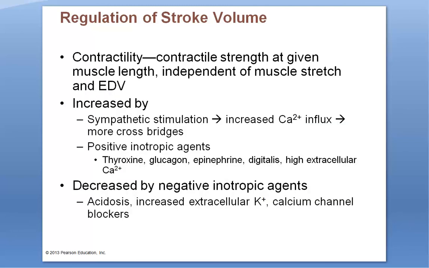Contractility refers to the strength of the myocardium. How strong is that cardiac muscle? That contractility is increased by calcium influxes, by sympathetic stimulation that increases the rate and force of contraction of the myocardium, by hormones such as thyroxine, glucagon, epinephrine, and by medications such as digitalis.